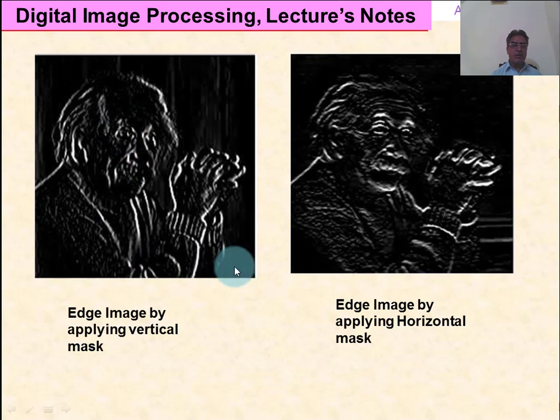And if we create the edge image by applying the horizontal mask, then we will get the horizontal edges of the handstand image. These are horizontal edges.